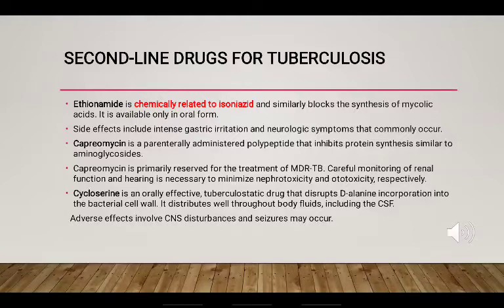In terms of distribution, it's distributed widely throughout the body fluids, including the CSF. فما عندنا مشكلة. Again, the most important side effect that might happen with cycloserine is CNS disturbances and seizures.